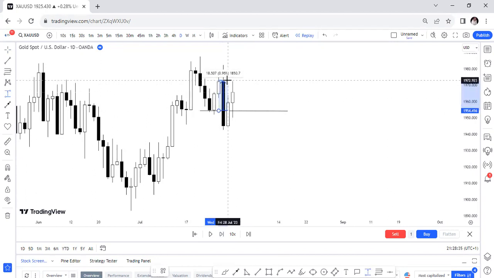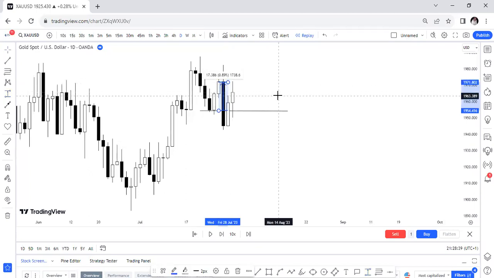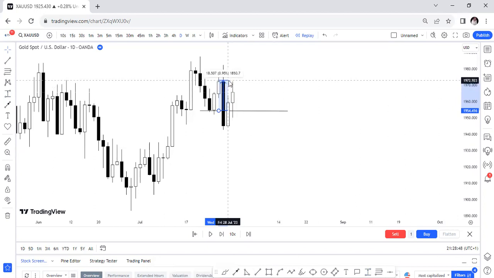That's almost about 185 pips. It's not good for a scalper. It could be okay for a swing trader or positional trader. But for a scalper, it's not good for you. That's a huge drawdown. You understand?